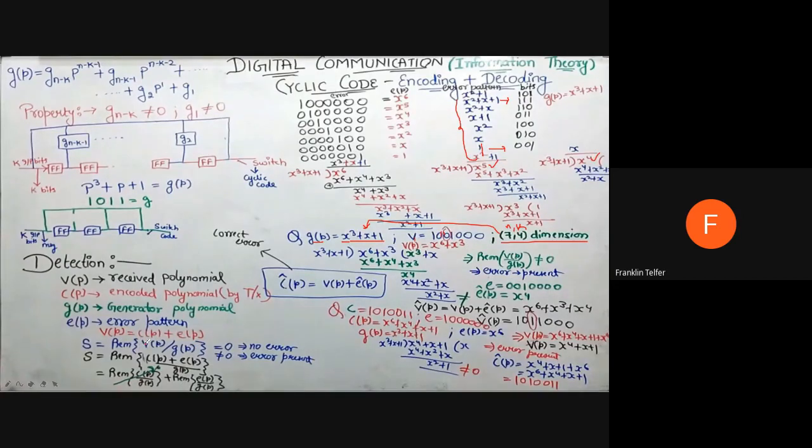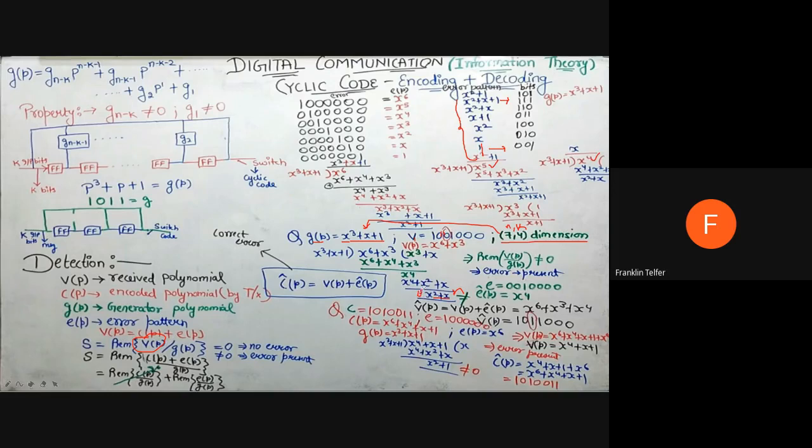So already there is a syndrome calculation here. We have to just take this r here and do the division. Okay, do the division. So at last you will get x square plus x. So it is not equal to 0. You have some function here. If you have 0 here, then there is no error.